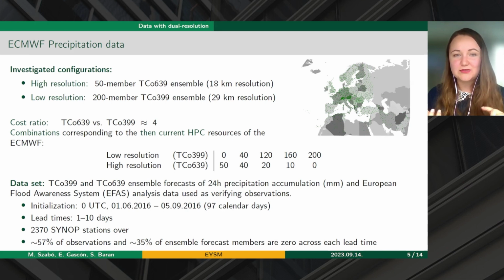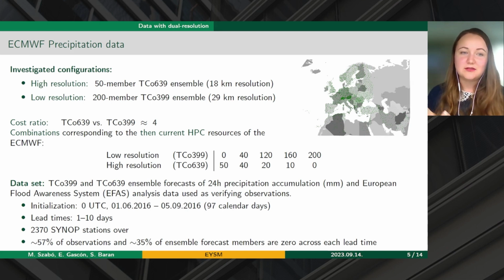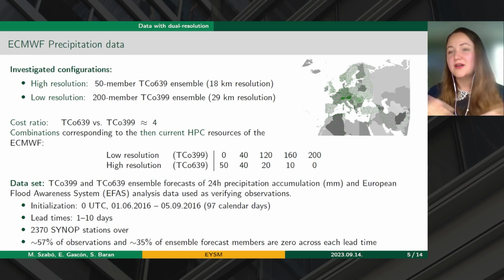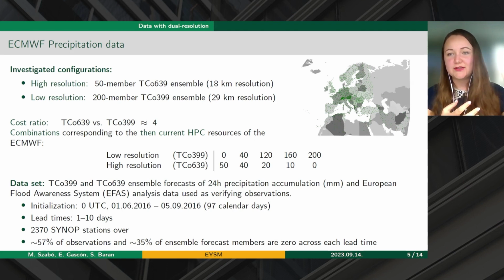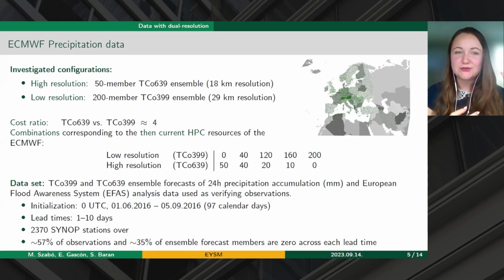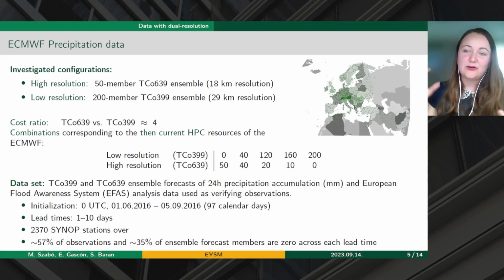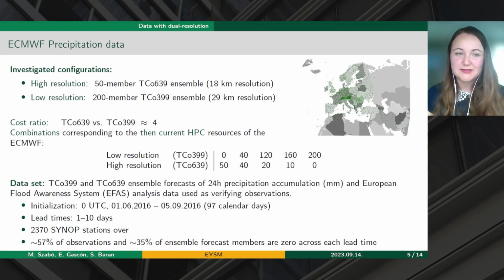And so we had 50 of the higher resolution and 200 from the lower one. As I said before, the fixed cost is the same for 50 members of just the higher resolution one and 200 of the lower one. So those are with the same cost. The ratio, as you can see, is not the same as we would have with the 5 kilometer one, but it's still substantial enough and worth testing.